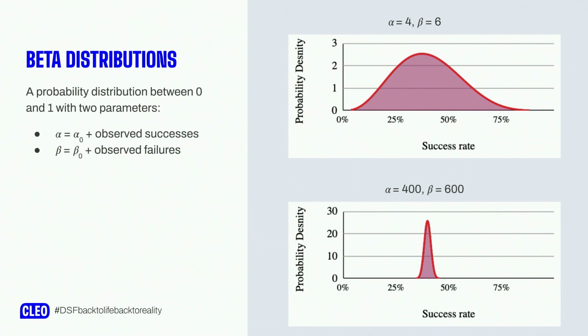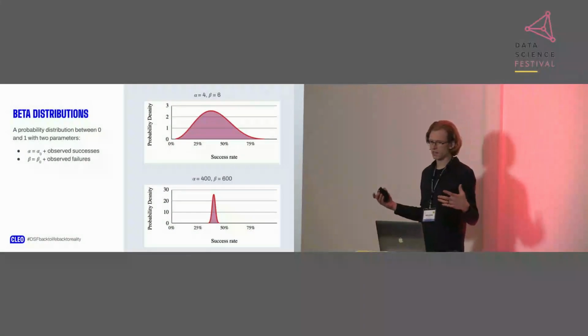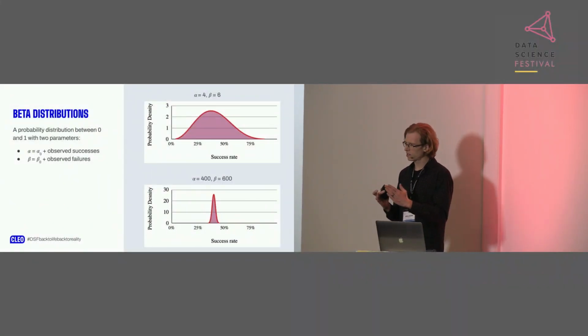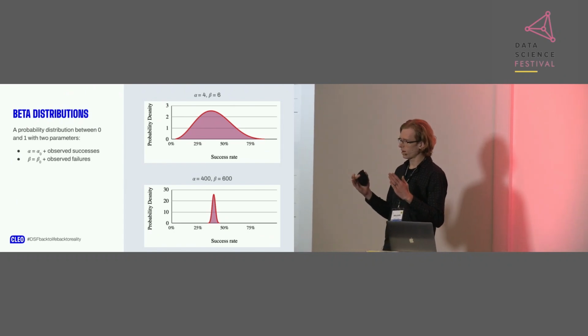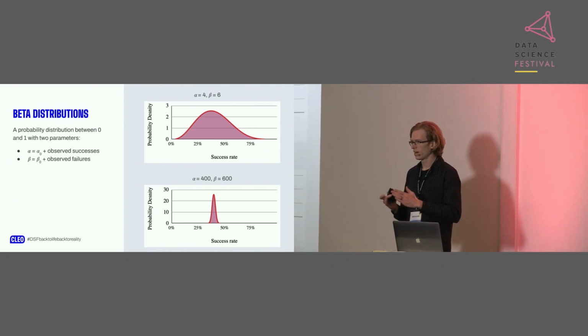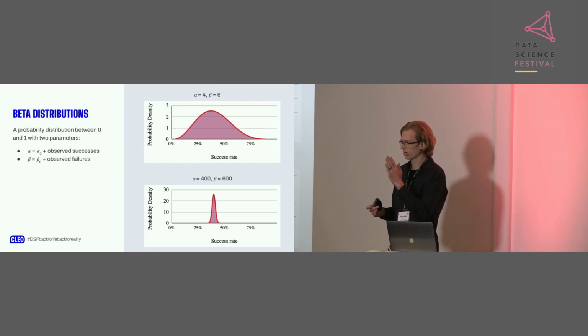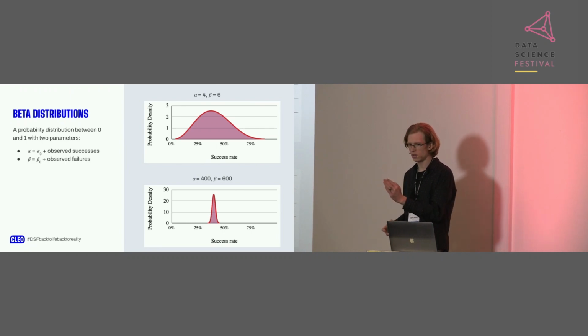Beta is based on the number of observed failures, and each of these are also affected by the prior. So the more observed successes and observed failures you have, the narrower the distribution, so the more confident you are that the true success rate of this variant is close to the mean. The mean of the beta distribution would be your observed success rate.